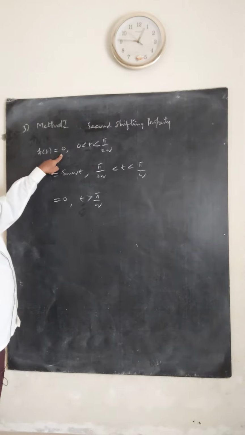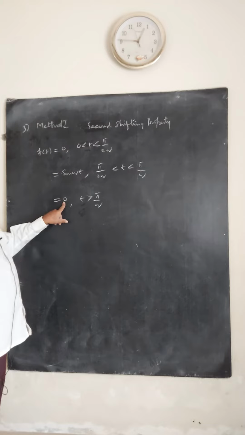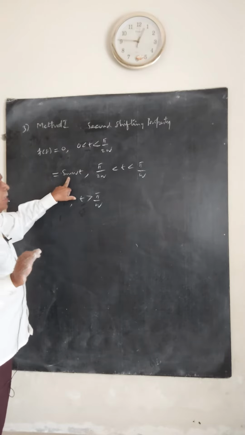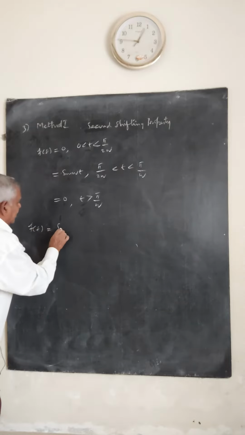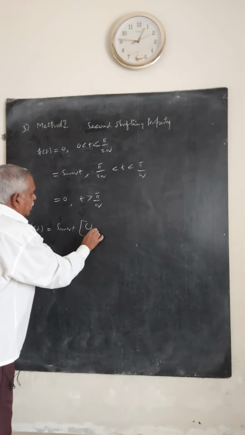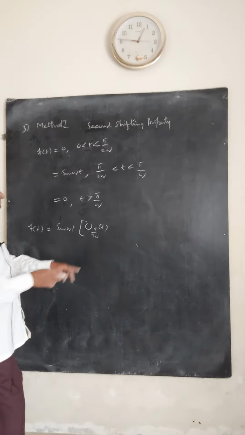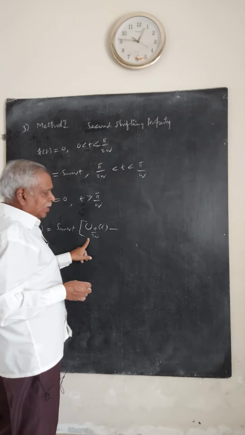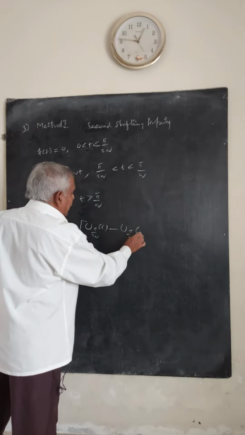Where 0 comes in the function, don't touch that. Here also 0 comes, so don't touch that. Without the 0, f of t equals the function sin omega t into u of pi by 2 omega, written with a suffix, minus the second term, u of pi by omega t.